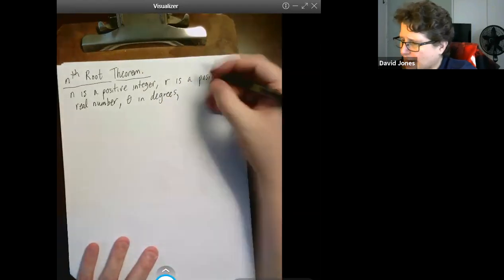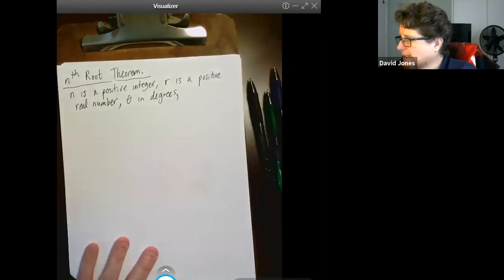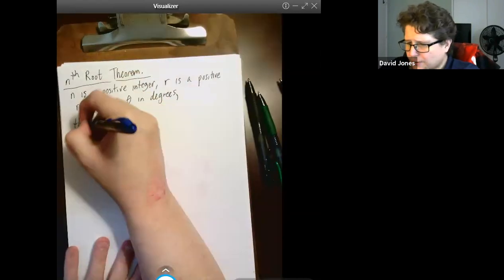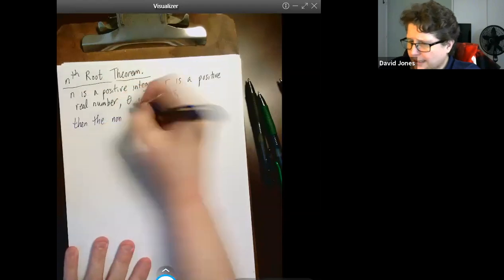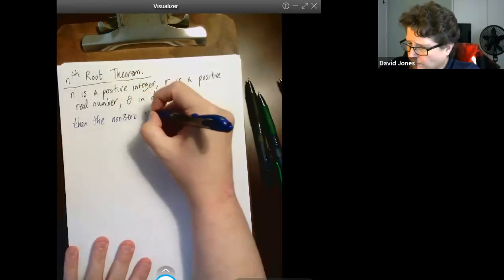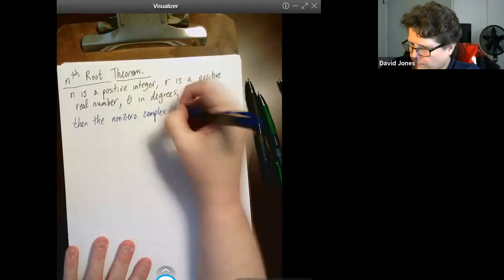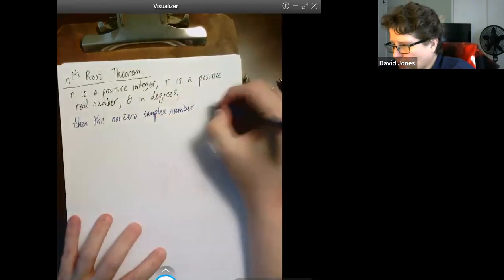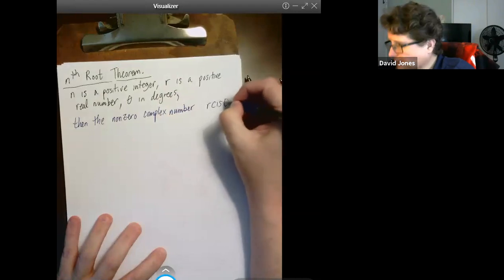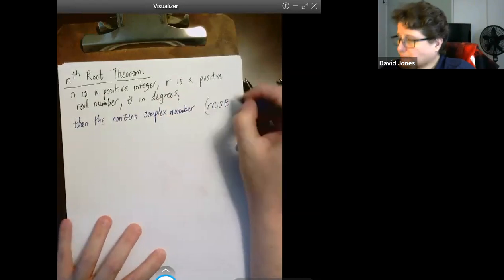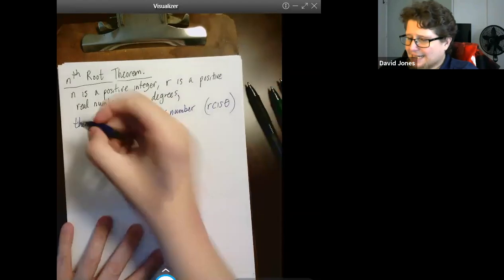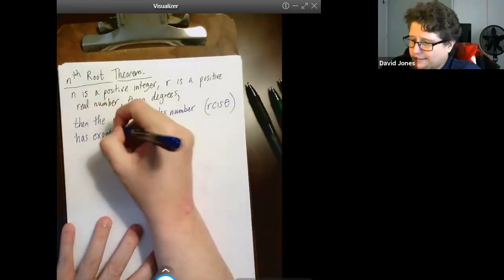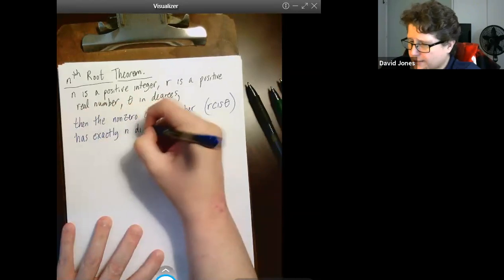If those things happen, then the non-zero complex number r cis theta has exactly n distinct roots.